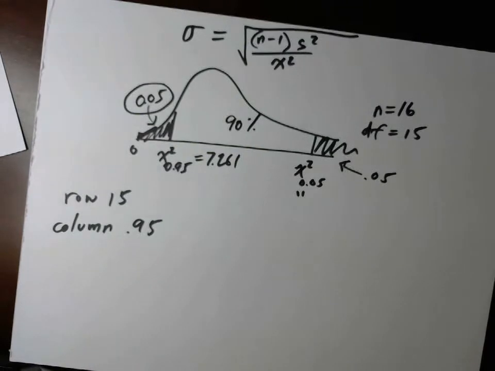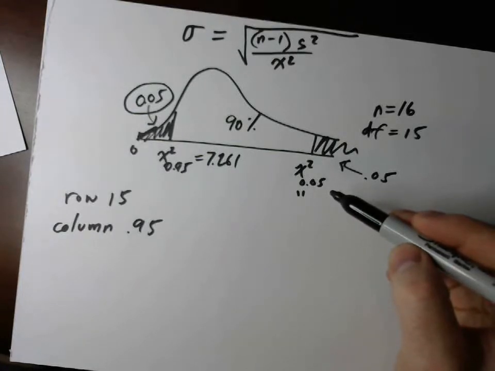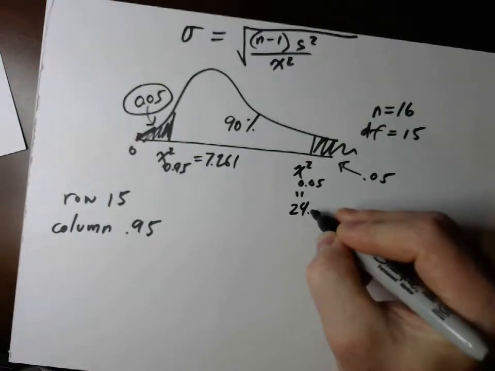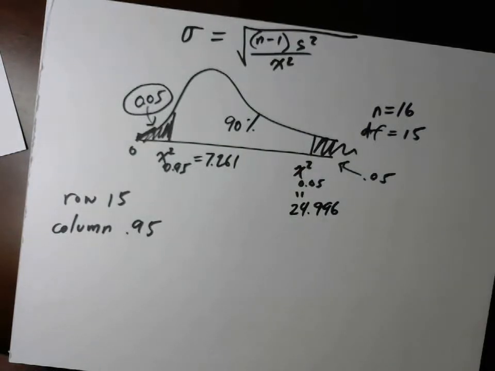And we would look up 15 for this value right here, and 0.05, and we would see we would have 24.996.